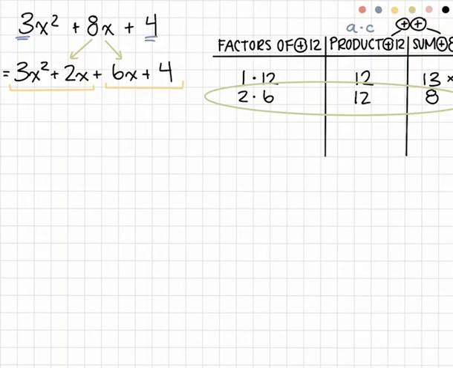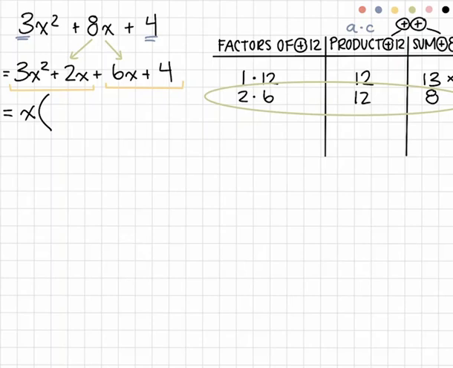So I've got 3x squared plus 2x. What is in common between these 2 terms? Is there a greatest common factor in the coefficient? Well, 3 and 2? No. Is there a greatest common factor in my variables? Yes, it's x. From each of these, I can pull out one x value, right? Now I have to write what's left in the brackets.